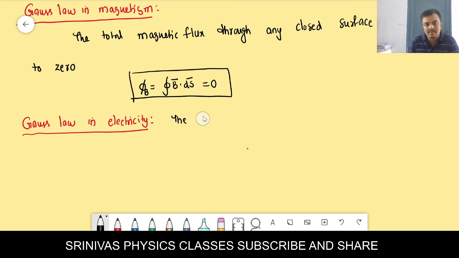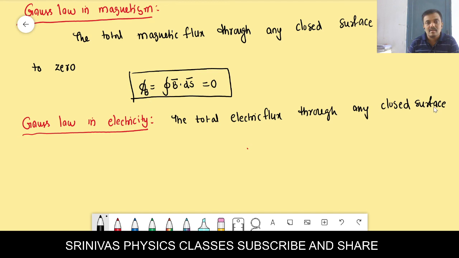The total electric flux, or the net electric flux, through any closed surface is equal to 1 by epsilon naught times the net charge enclosed by that surface.